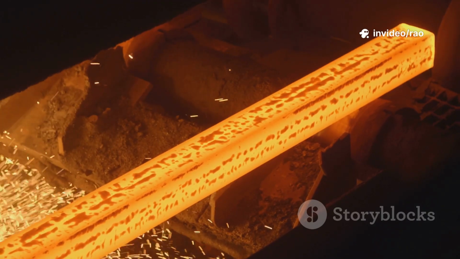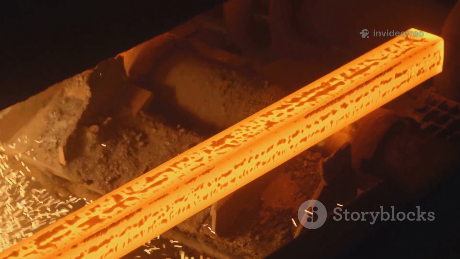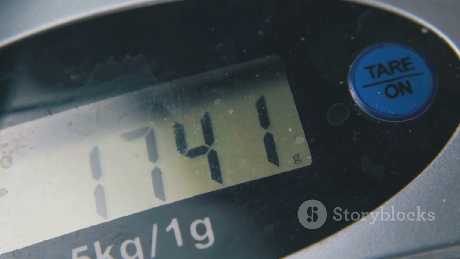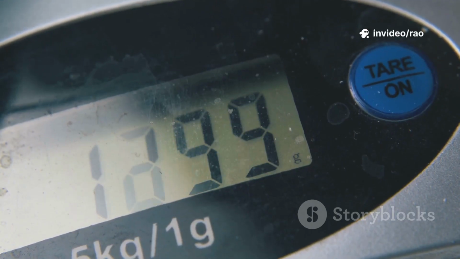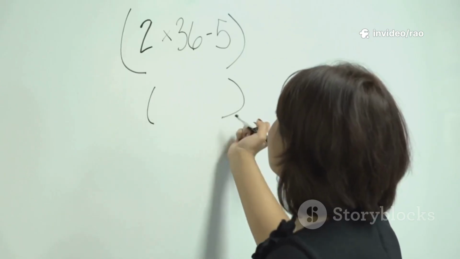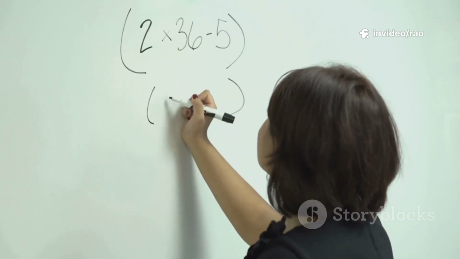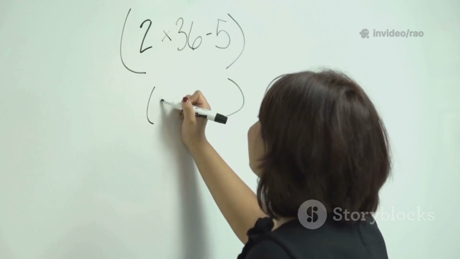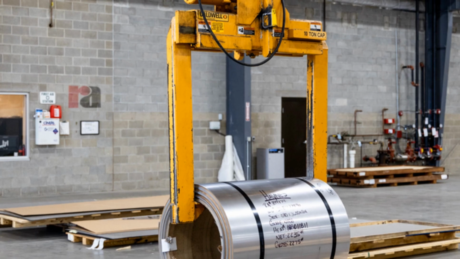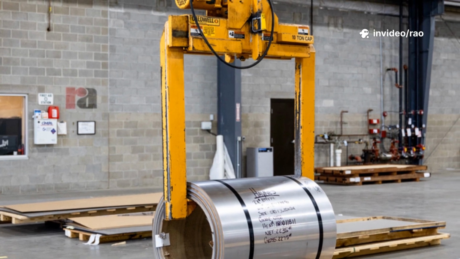The next sub-step involves converting these total lengths into weight. This is done using a standard formula that calculates the unit weight of a steel bar in kilograms per meter. The simplified industry standard formula is unit weight in kilograms per meter equals dia squared divided by 162, where dia is the bar diameter in millimeters.